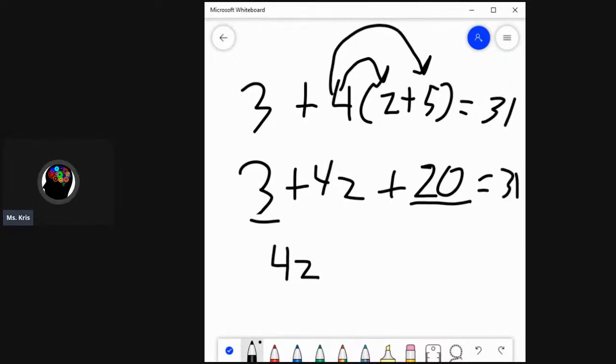Then I have my 3 plus 20, which gives me plus 23, and that equals 31. Now we're back to what we know best, which is the two-step. I'm going to minus 23 on both sides.